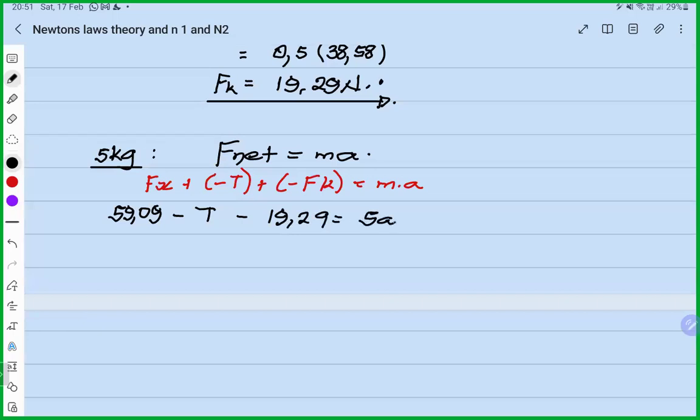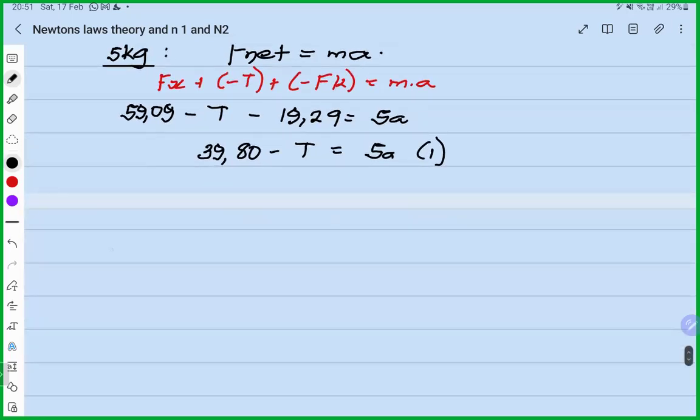We can simplify this. 59.09 minus 19.29, please. 39.80. Minus the tension equals 5A. I'll call this equation 1.